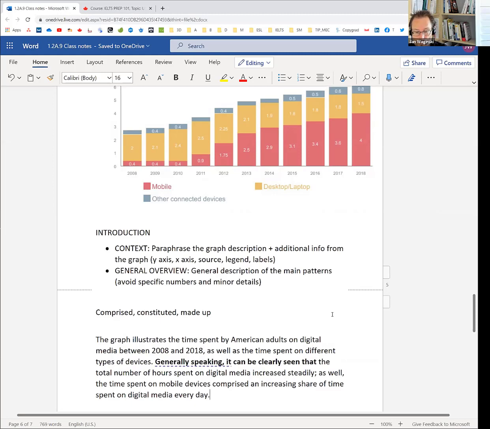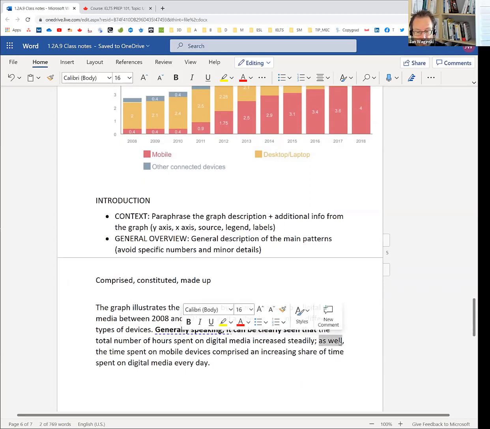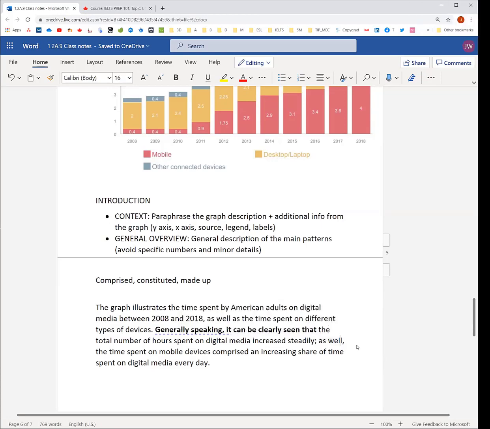Okay. So here I used a semicolon as well. It functions as a conjunctive adverb. If you just kept it as well as, it would make the grammar pretty unwieldy.